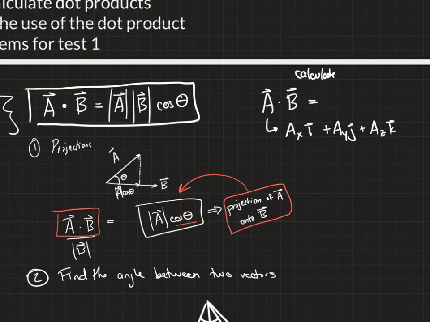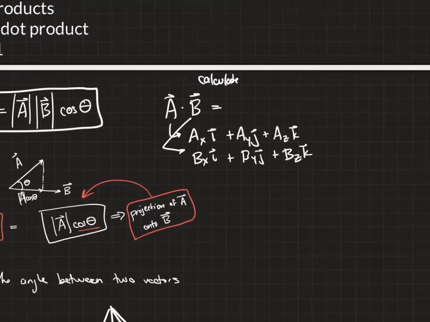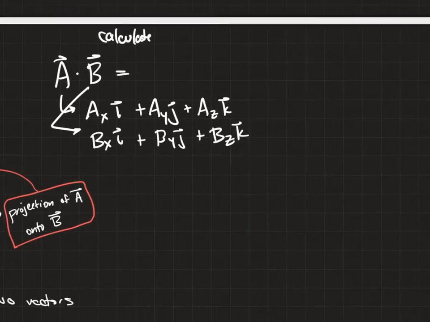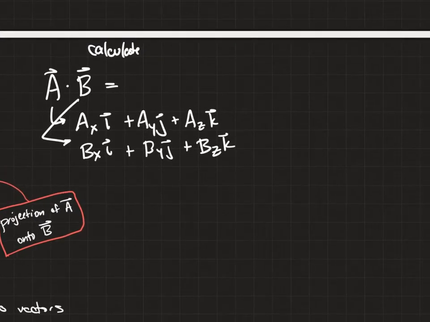And similarly for B, we'll say bx in the i direction plus by in the j direction plus bz in the k direction. Luckily, the algebra here, once you've got this thing split into its components, is pretty easy, or at least it's what you would hope it would be.